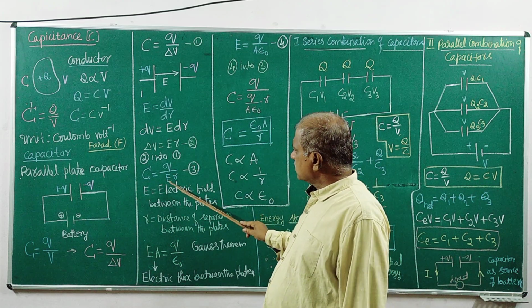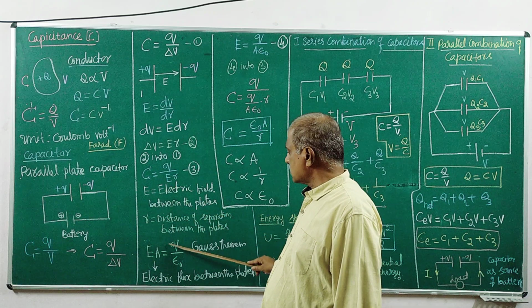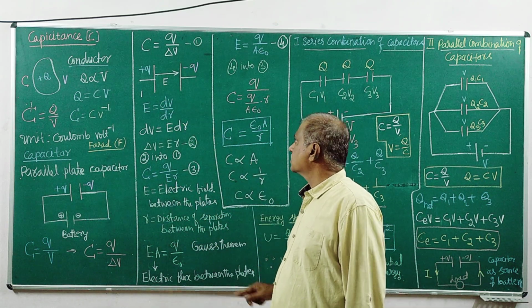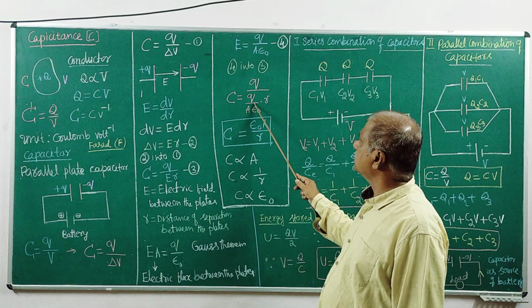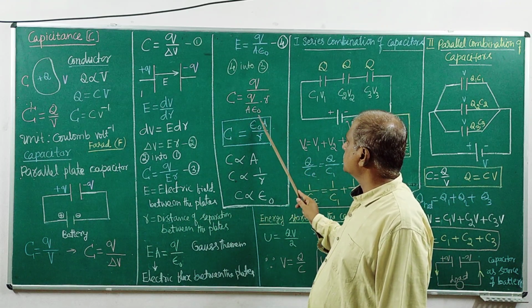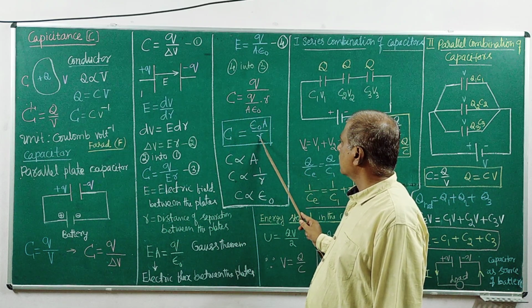In this equation, substitute for E, the value evaluated using Gauss theorem between the two plates. Simplify: Q cancels, and goes to the numerator, giving epsilon naught A divided by r.